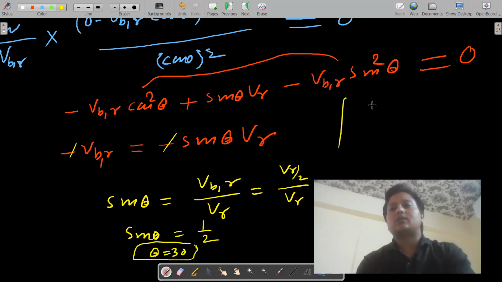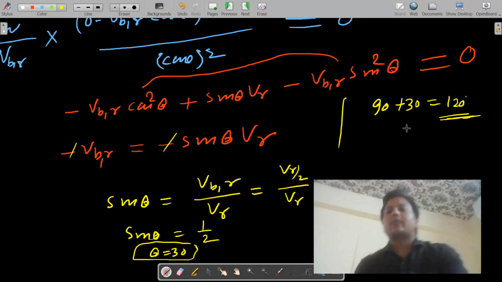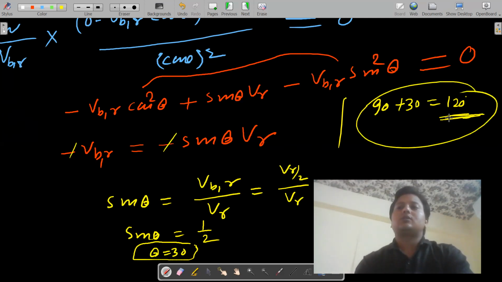Hence the required answer is 90 plus 30, that is 120 degrees with the bank in the direction of flow of the river.